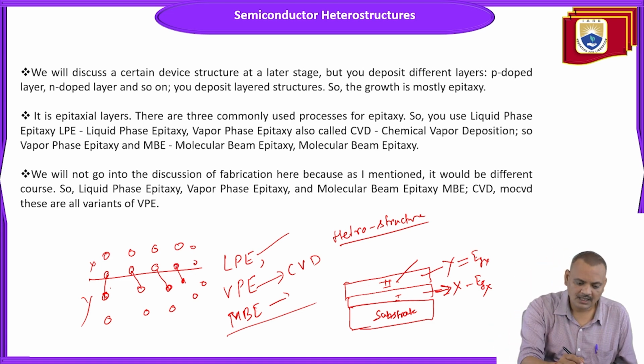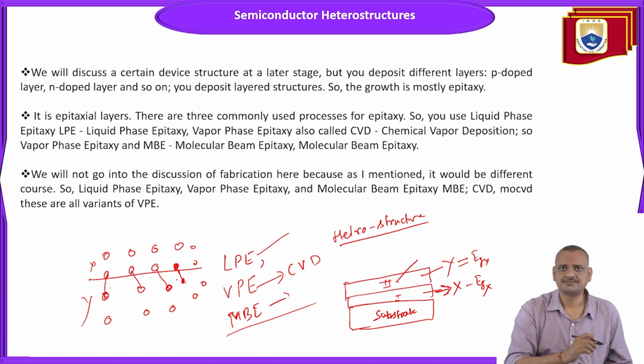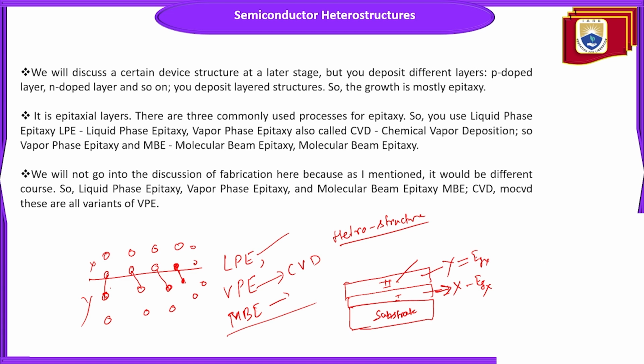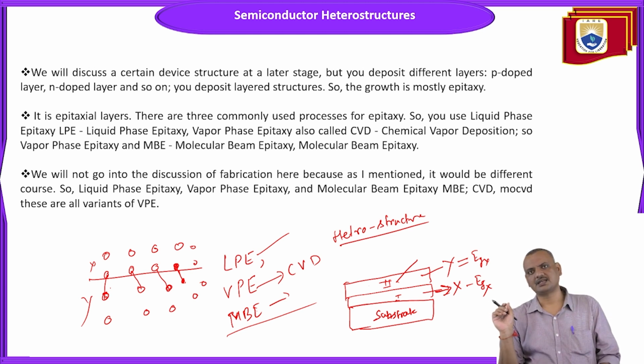Because these dangling bonds will create a non-radiative state in between the conduction band and valence band, and these dangling bonds in mismatched layers are also very important for some particular device applications.